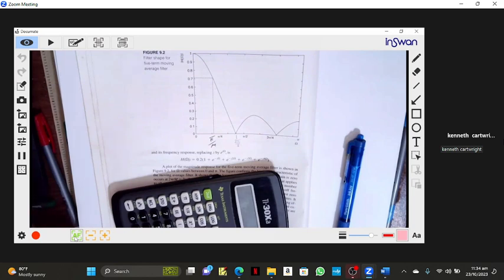You all can't calculate dB now? What is 0.7 in dB?